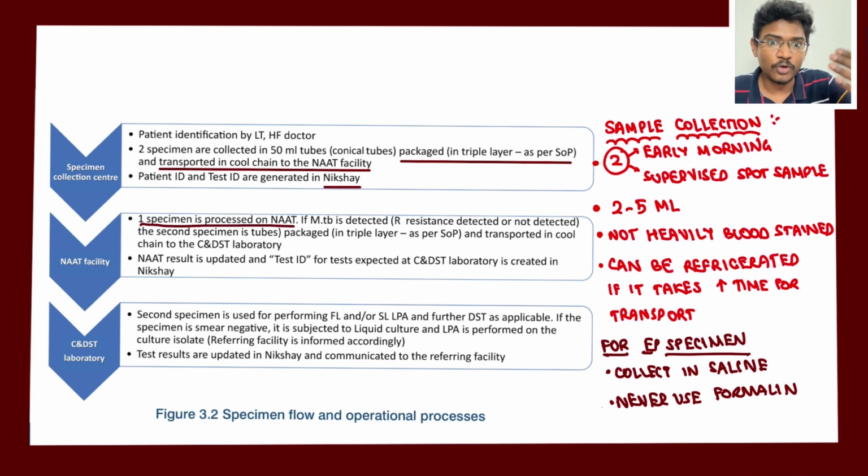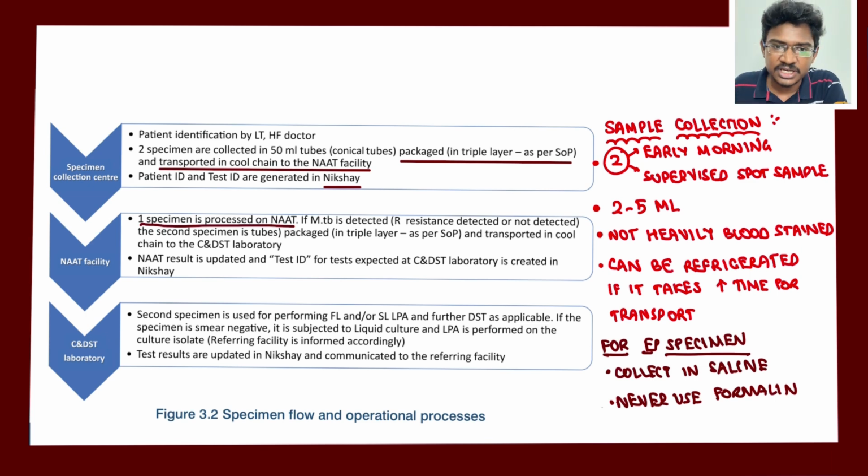Then if it is found to be positive, this should be registered in your NIKSHAY program. The NIKSHAY digital app, they will register the patient's name, and also that the patient is CBNAAT positive, and they will send the sample to the CDST laboratory, which is situated in the district. The second specimen is used for performing fluoroquinolone as well as second line LPA, and further DST as applicable.